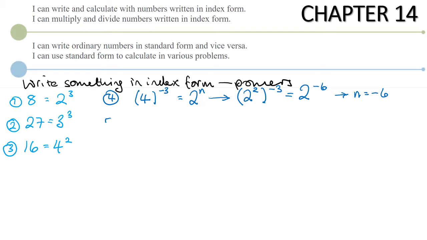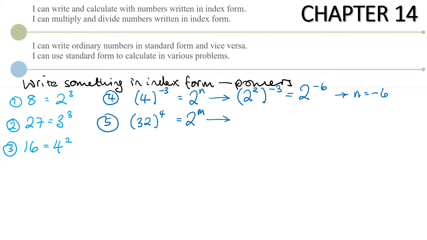Here's another one. Let's say I have something like 32 in brackets here, and this was to the power, let's not make it negative, let's make it positive. Let's say 4, and I needed to write this in the form 2 to the power m.